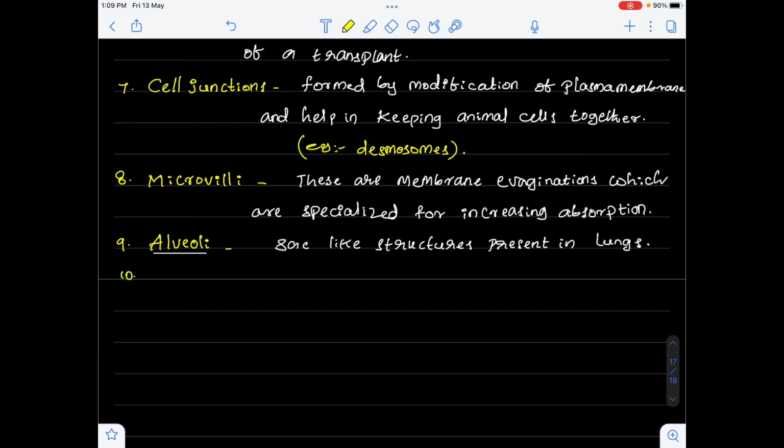The last function of the plasma membrane, membrane transport. The plasma membrane permits the entry and exit of some materials in the cells.